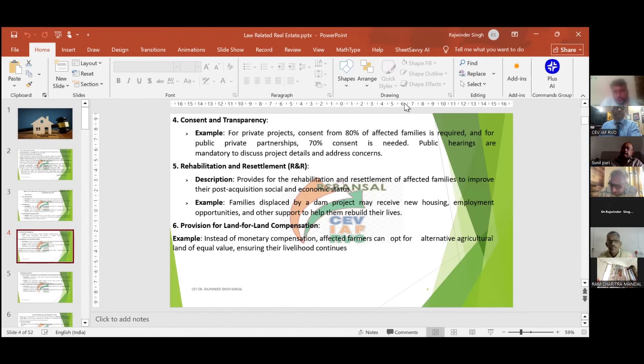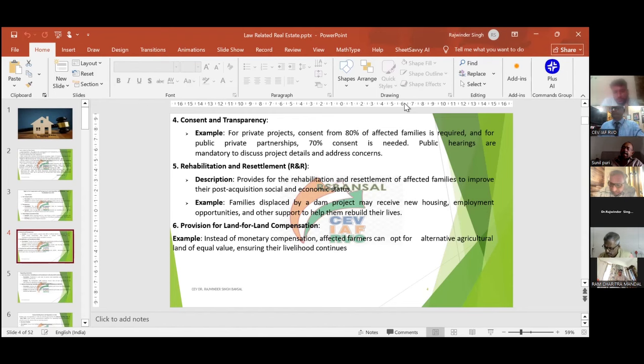You have to remember that in case of private projects, 80% of the affected families should give their consent that they are ready to give their land. And if it is a public project or a public private project, then consent of 70% of landowners is required.